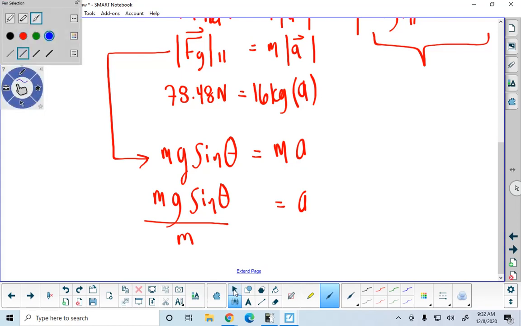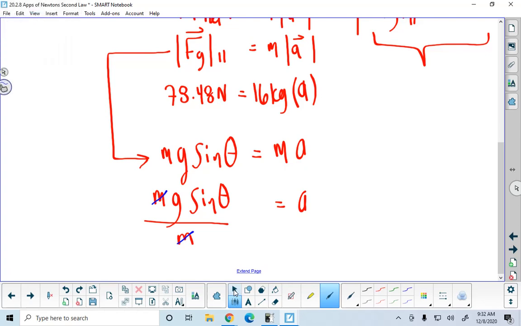If the masses cancel, that means you're going to get 4.9 meters per second squared, whether it's a 16 kilogram mass or a 20 kilogram mass. If you had a frictionless ramp and you put two objects of different masses beside each other and let them go, they would both accelerate at the same rate.